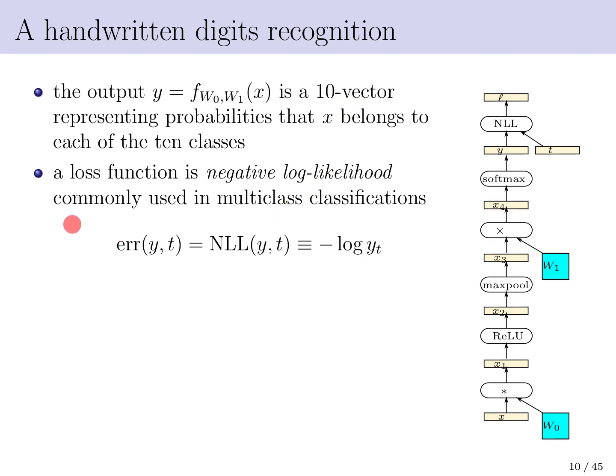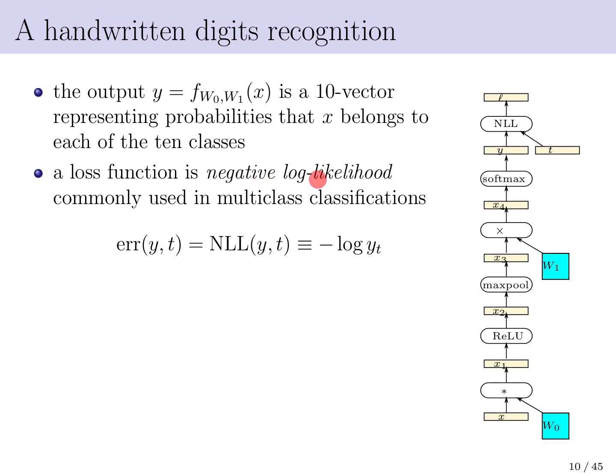A loss function that measures the distance between the true value and whatever is output by the model f is something called the negative log likelihood function, commonly used in multi-class classification. Its definition is simply this. So this is a 10-vector, and t is the true class, an integer from 0 to 9.